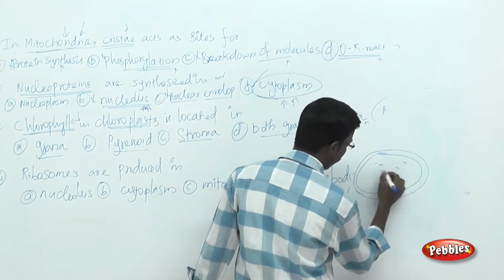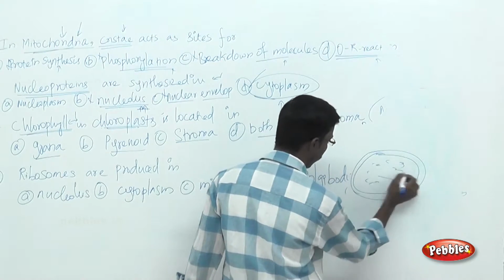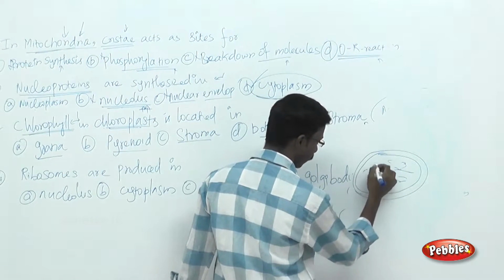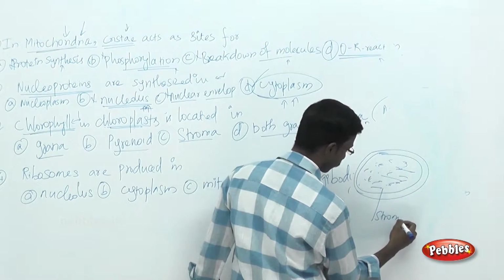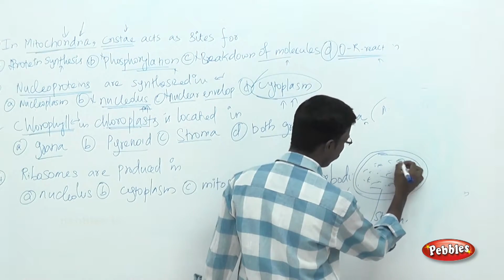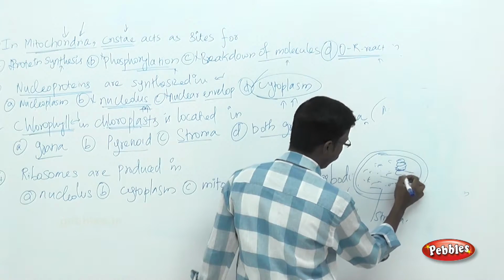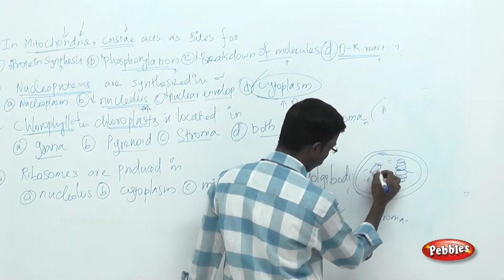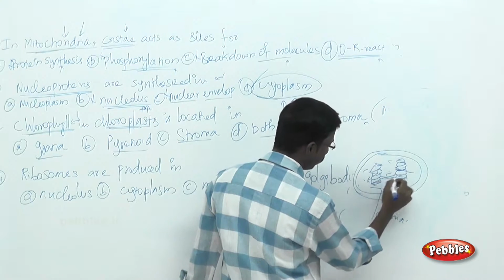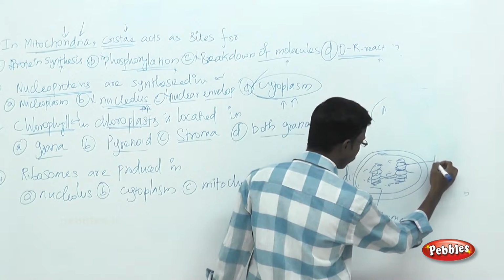Within the inner membrane there is a semi-liquid matrix called stroma. Within the stroma there are piles of structures, interconnected by lamellae, and these piles of structures are called thylakoid.